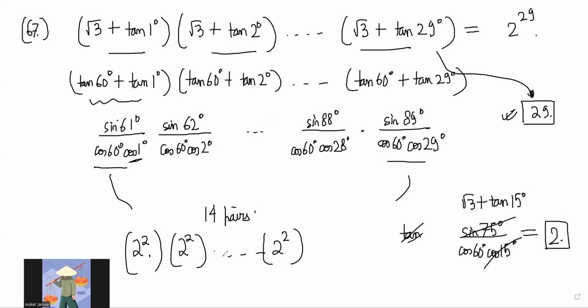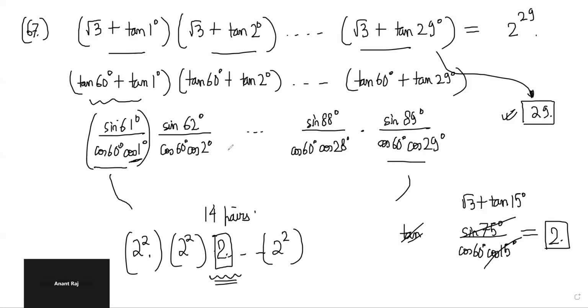Now it's completed. So you can't do everything and then miss out on the last step. If you don't mention this properly, then they will not give you full marks. Everyone understanding what is happening? It's not difficult. You have to write it like this and then think about what is happening. And many things are cancelling. Cos 60 is giving us 2 square, right?